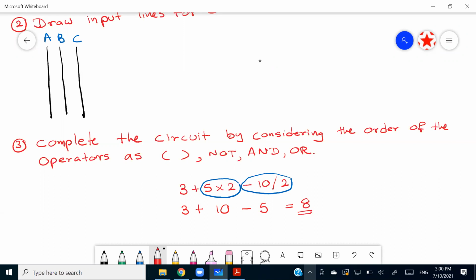And likewise, in the Boolean expression, we have our operators like this. The brackets, nots, ands, and ors, right? And you know, not is indicated by a dash or a bar. And is indicated by a dot, or is indicated by a plus, right?